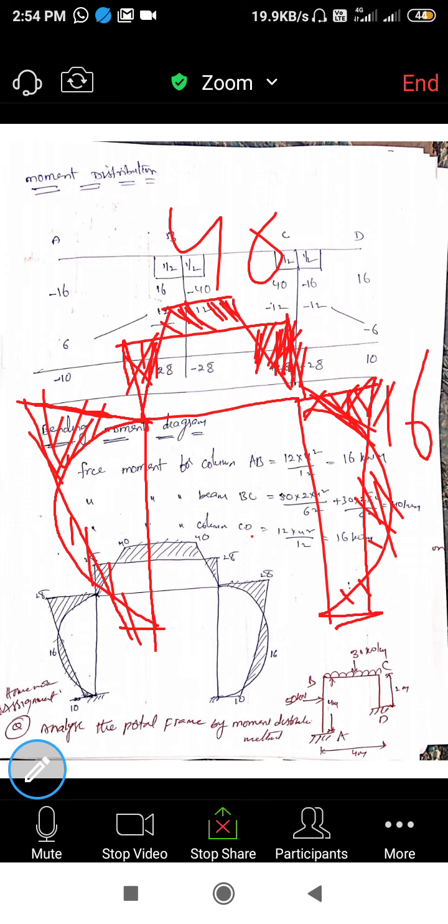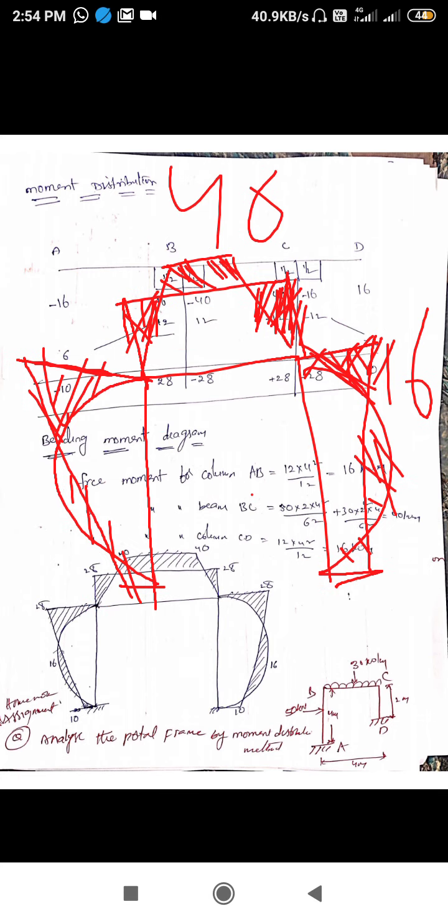Below, one problem is there, it is an assignment question. Analyze the portal frame by the moment distribution method. It also has four joints, two supports, two joints, three members. AB has a point load of 50 kilonewton. BC has a UDL load acting, 30 kilonewton per meter.